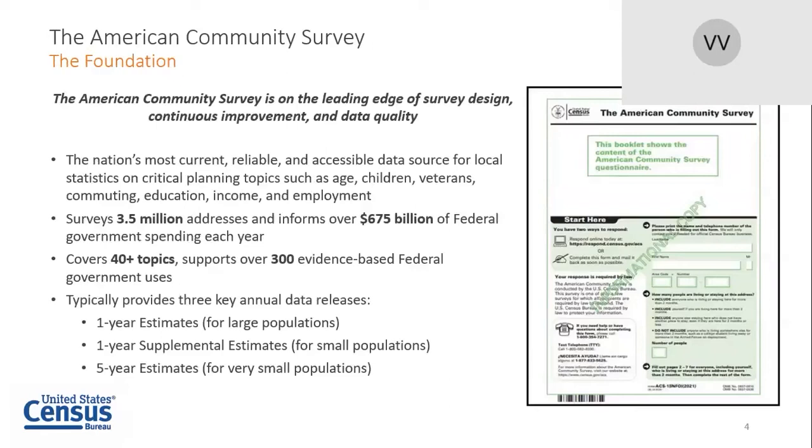Our estimates covering more than 40 topics support more than 300 known federal uses and countless non-federal uses. The Census Bureau typically releases 3 different sets of ACS data estimates each year in the form of 1-year and 5-year period data sets, as well as 1-year supplemental estimates. Our release is different this year due to the impacts of the COVID-19 pandemic, and I'll share more details about that today.